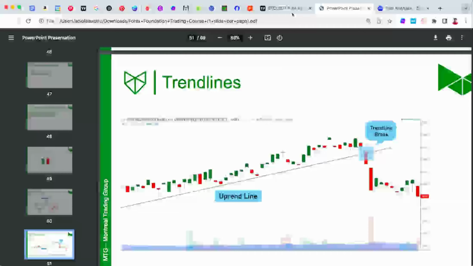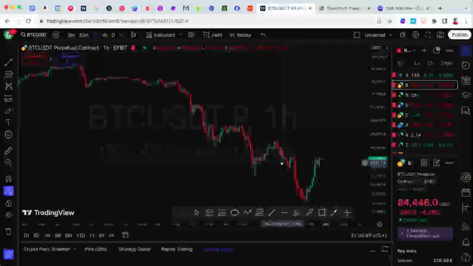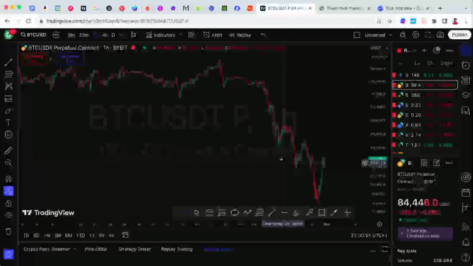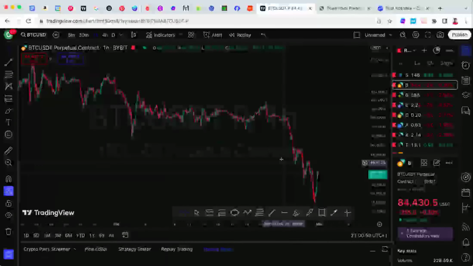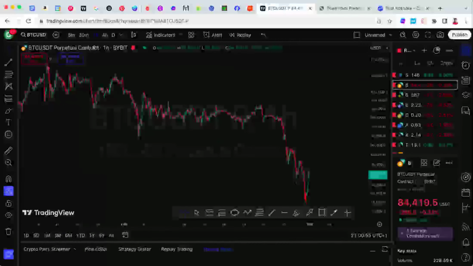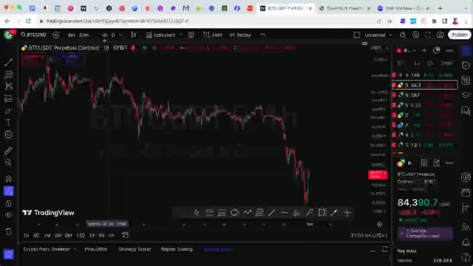So now I will make a live example from our chart here to show how we can draw a trend line. This is Bitcoin, and this is the 1 hour time frame, like we talked about last time. We said there are different time frames: 5 minutes, 30 minutes, 1 hour, 4 hours, and daily. And this is our trend line tool here.